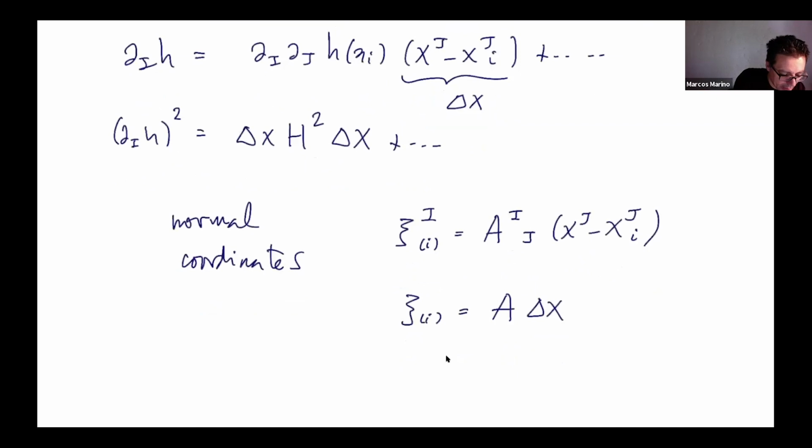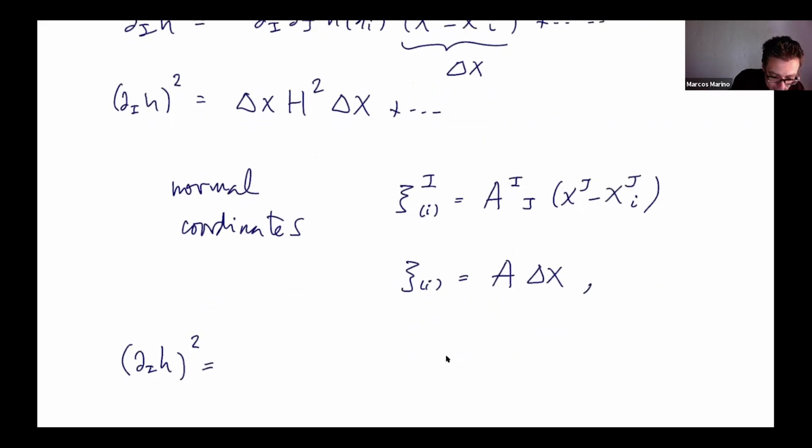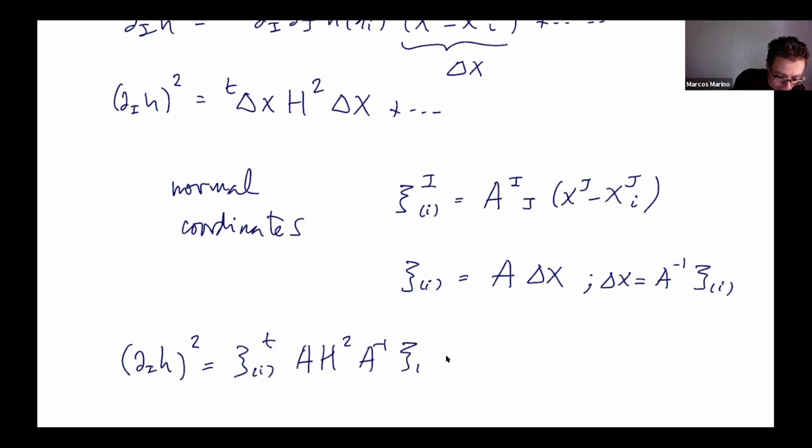So it's clear that I can write delta x as A^{-1} psi. By the way, A^{-1} is the transpose matrix. If I transpose here, I will get psi^T, and then (A^{-1})^T is A, times H squared times delta x, which is A^{-1} psi.